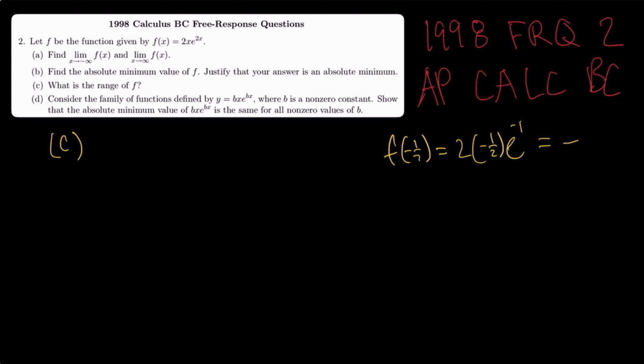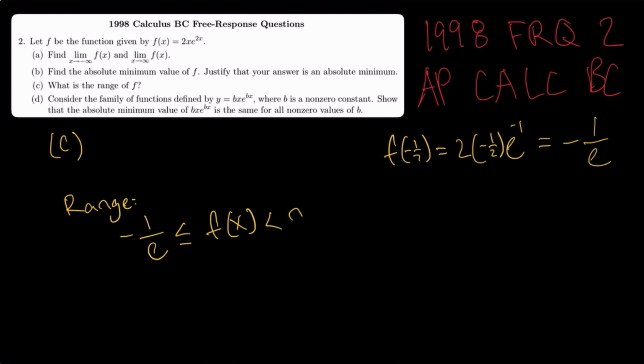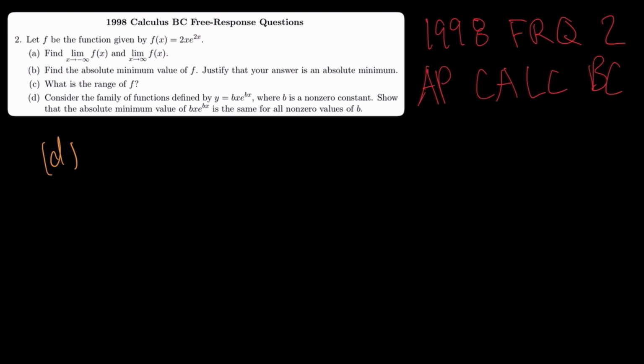That would just be negative 1 over e. Since that's our minimum, we know that the range of f will be negative 1 over e is less than or equal to f of x, which is less than infinity. Okay, moving on.